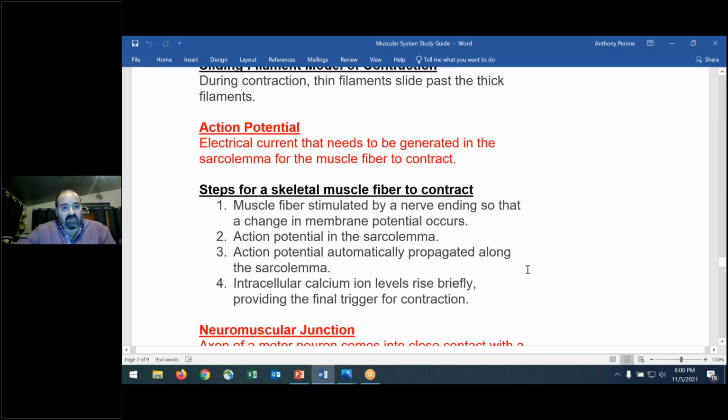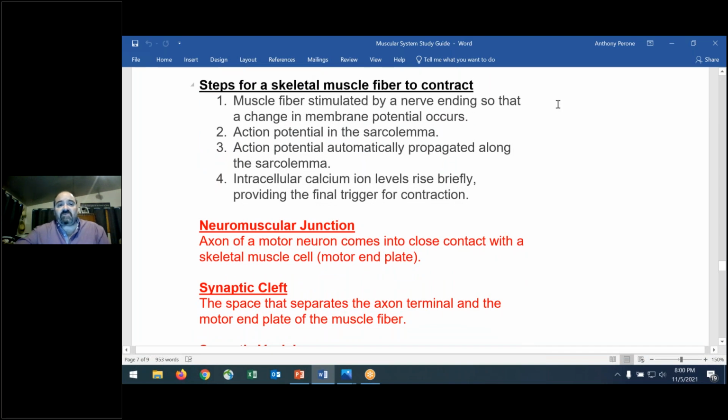Okay. Now you'll see here the steps for a skeletal muscle fiber to contract. So let's look at this here. The muscle fiber is stimulated by a nerve ending so that a change in membrane potential occurs on that motor end plate. There's an action potential that's produced in the sarcolemma. Sarcolemma, again, is the plasma membrane of the skeletal muscle. The action potential, that bioelectricity, is propagated along the sarcolemma, that plasma membrane of the muscle fiber. The intracellular calcium ion levels rise briefly, providing the final trigger for contraction.